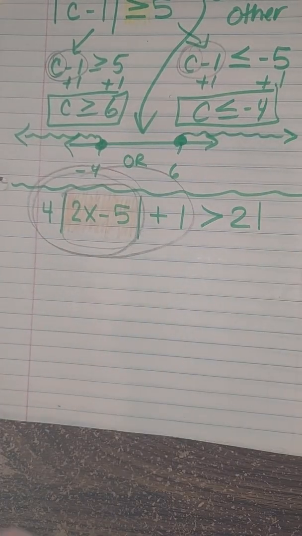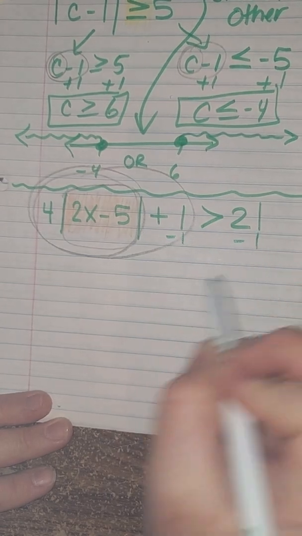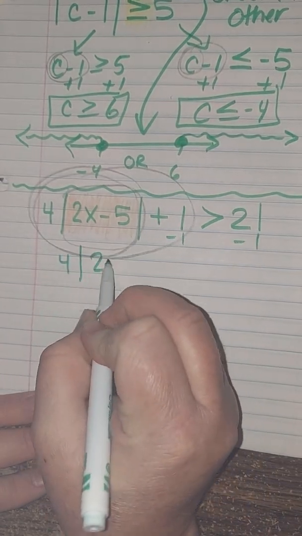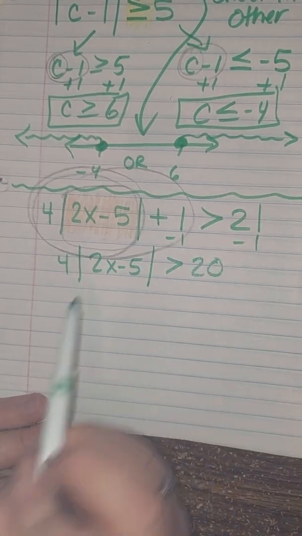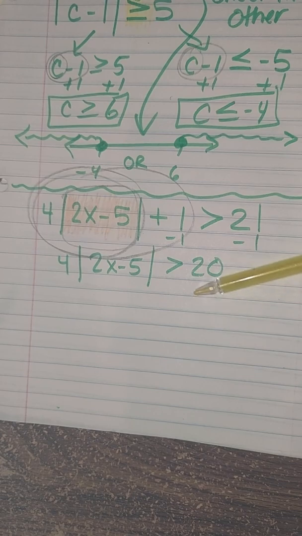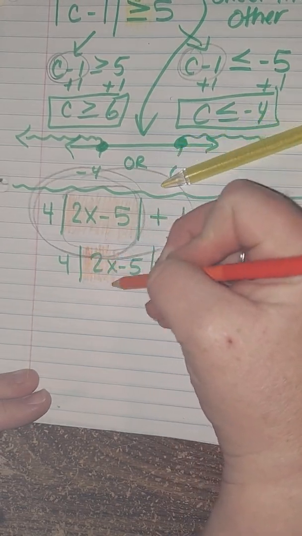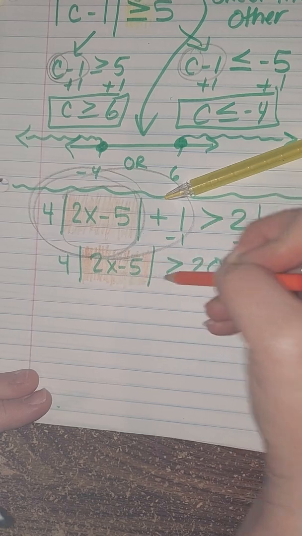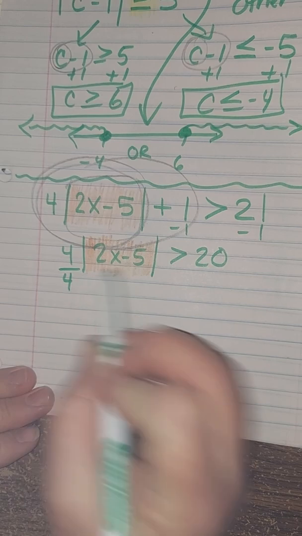So what's the first thing I need to get rid of? The 1. Now what do I need to get rid of? Okay, again, I still want this all by itself. I want to get rid of that 4.